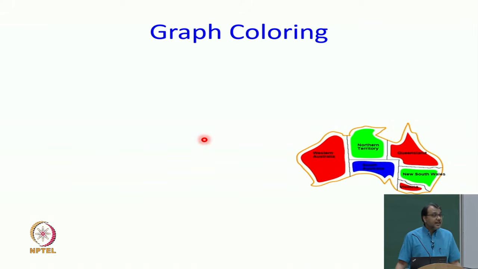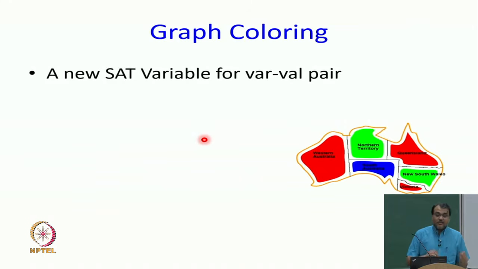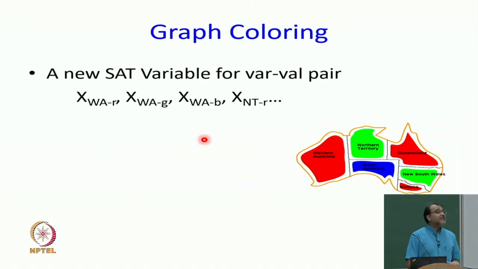How many variables do I have? 21 variables. I have a new SAT variable for every variable value pair. In this case, my variables are Western Australia is red, or Western Australia is green, or Western Australia is blue, and Northern Territory is red, Northern Territory is green, and so on and so forth.